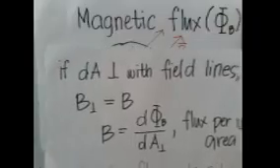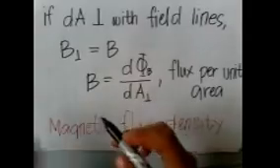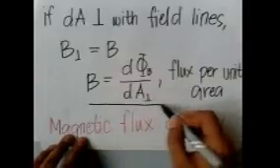This is the flux per unit area, or it is sometimes called the magnetic flux density. So this is the equation for magnetic flux density.